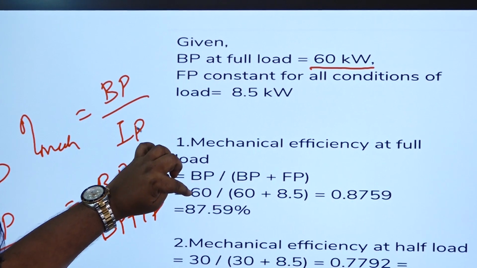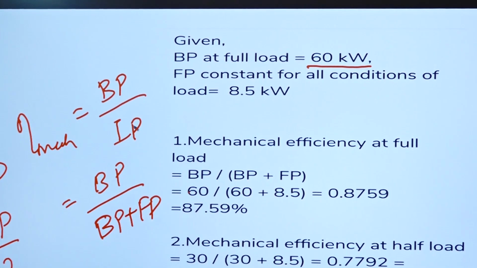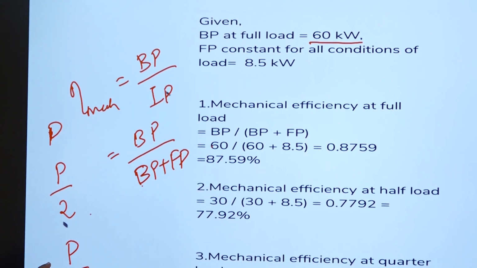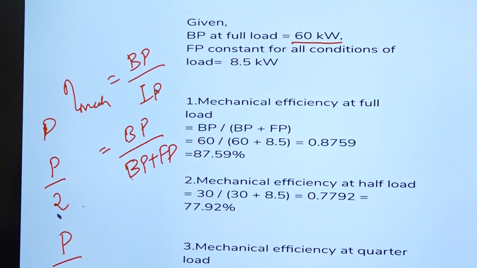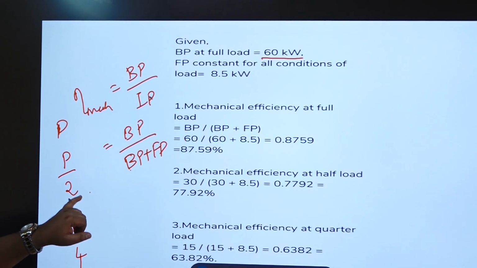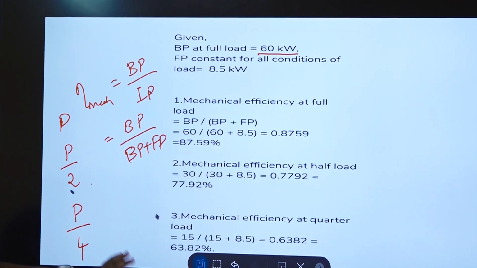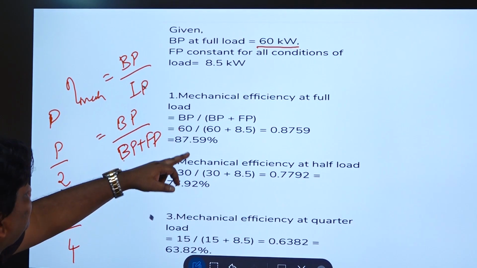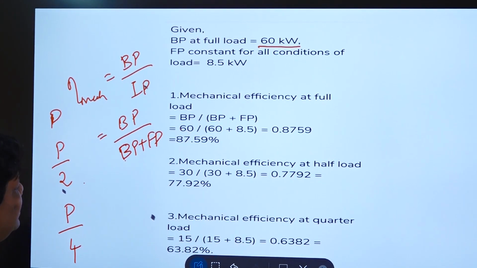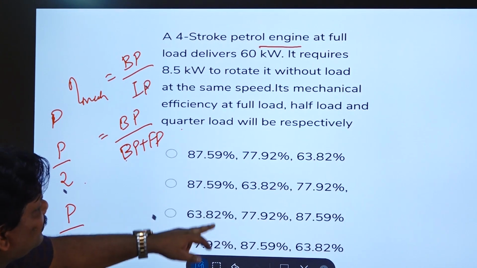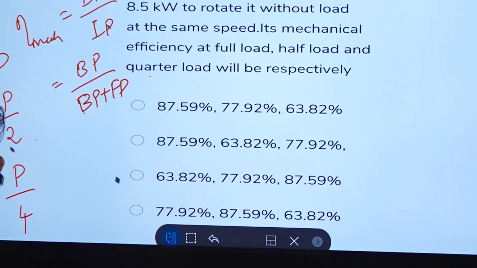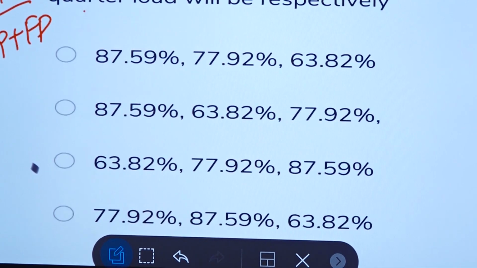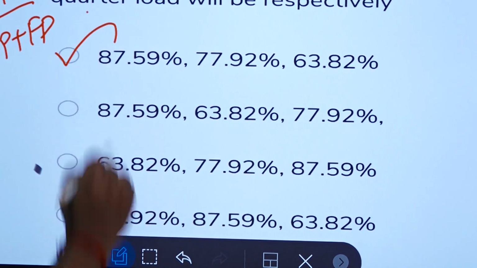For the second condition it is 60 divided by 2, that is 30 divided by 30 plus 8.5. For the third condition it is 60 divided by 4, that is 15 divided by 15 plus 8.5. You will get the answers 87.59, 77.92 and 63.82. So the option is A.